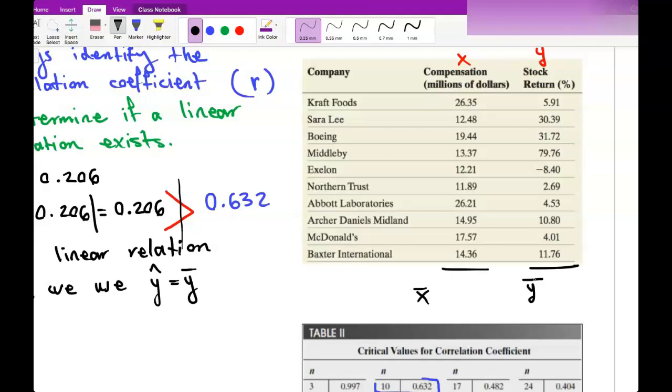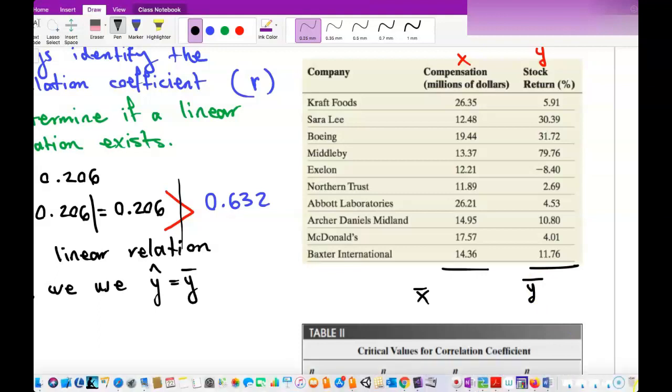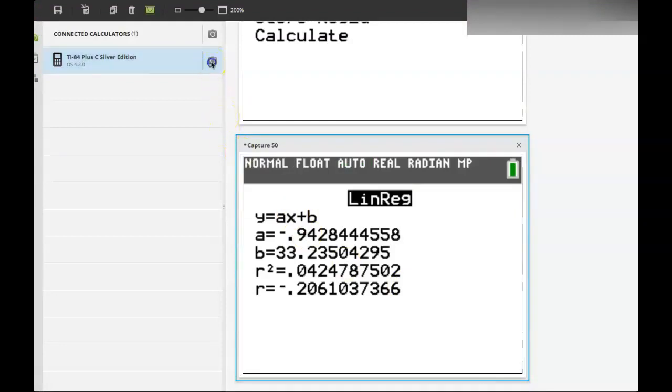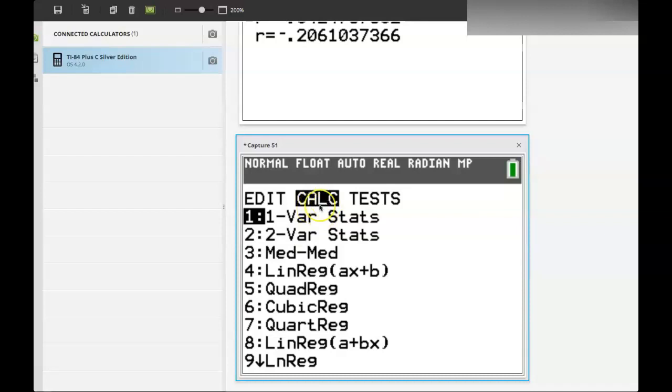So to find X bar, press stat, choosing that one, number 1.